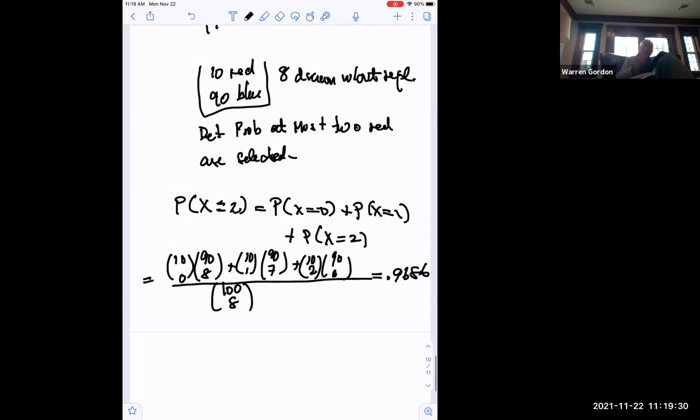Now, here's the observation I want to make. 8 is relatively small. The number of marbles we're drawing is small compared to 100 marbles. So does it really make a difference whether we're using with or without replacement? So let's suppose we approximated this problem by a binomial.